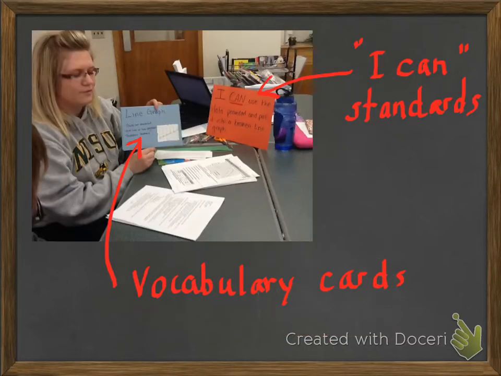I saw both I can standards and vocabulary cards being used at the beginning of lessons, and again, that is something I want to see. I want to see you addressing the standard in kid-friendly ways at the beginning of the lesson, and I do want to see explicit language instruction, explicit vocabulary instruction. This is what you would have to do if you were teaching English language learners.